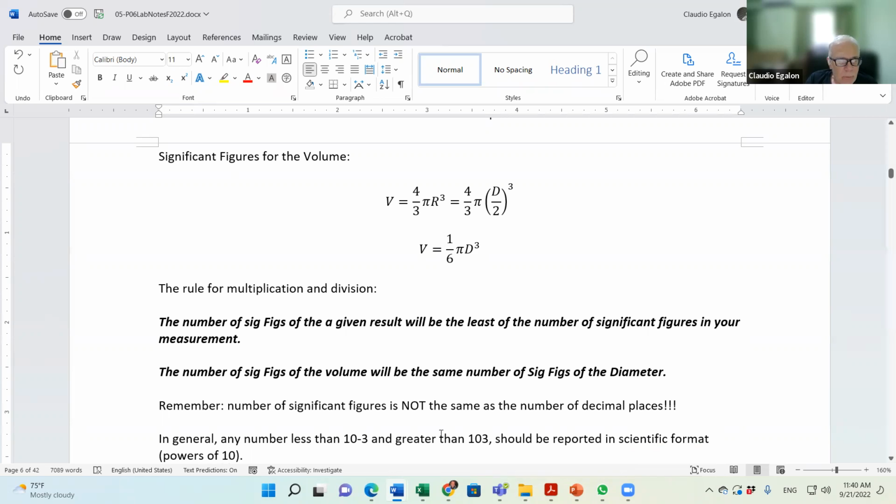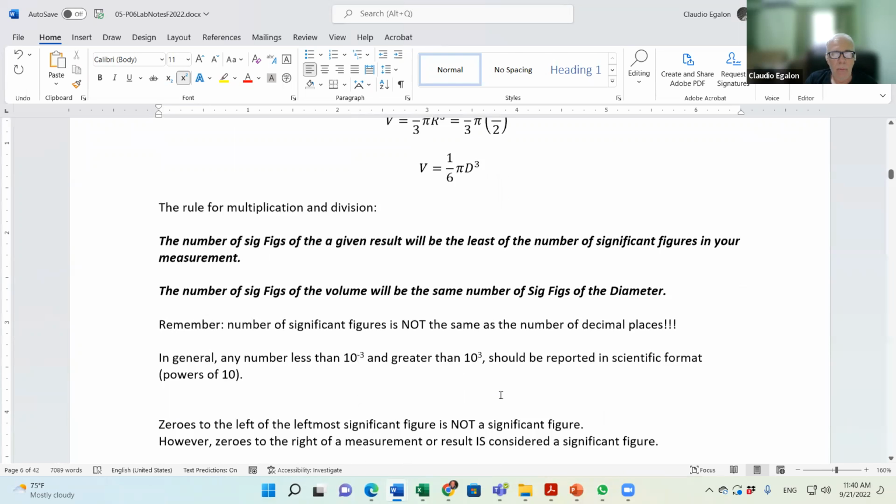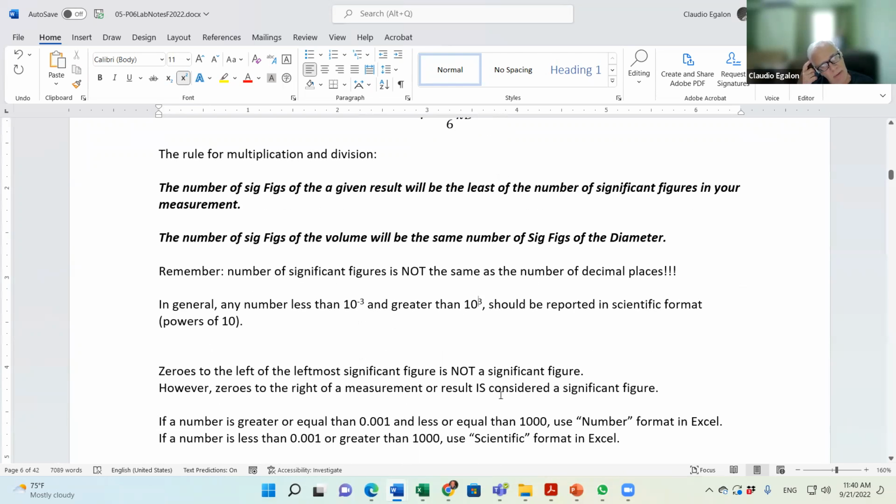Okay. So let's adopt these rules throughout the semester to make it easier to read any measurement and any result that we display there. Okay.